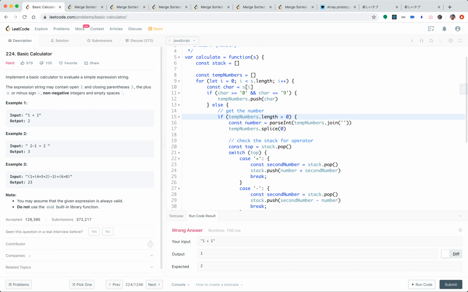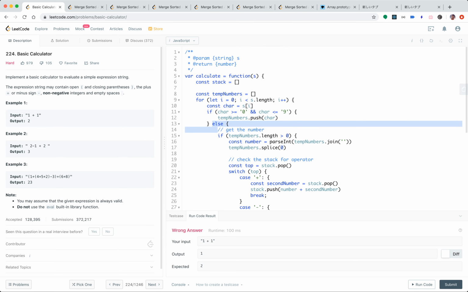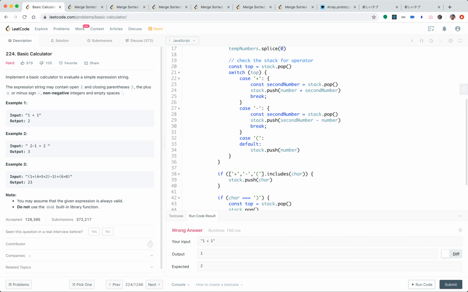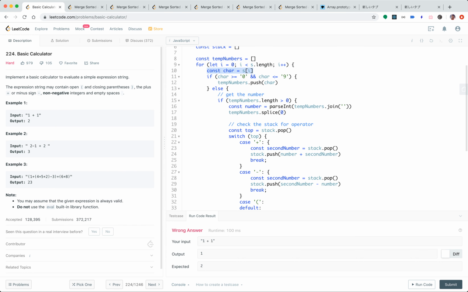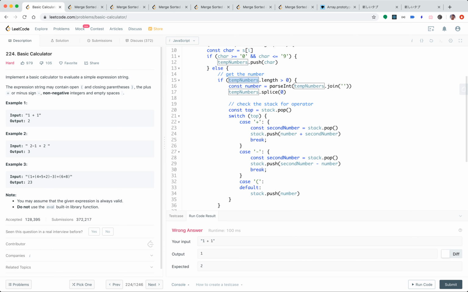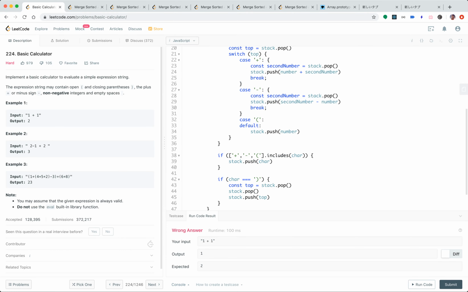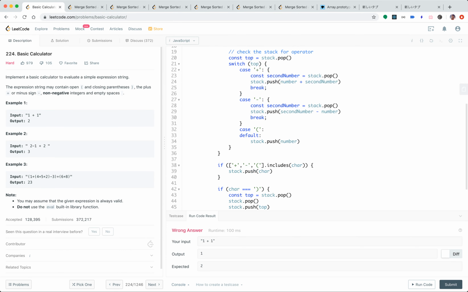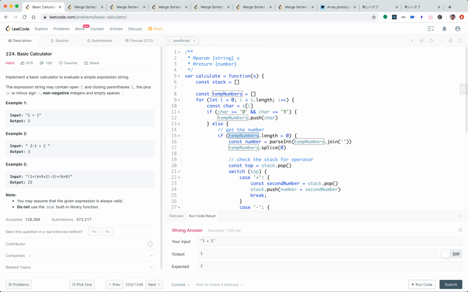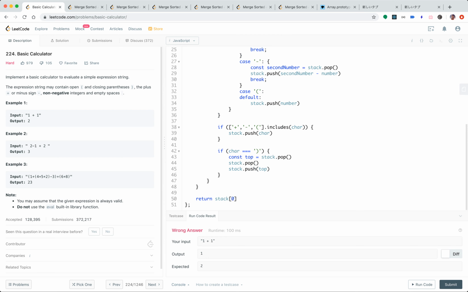Okay, 1 plus 1, because we find it's 1, we push it, and then we get it again. It's space, so we found the space because we found a number, we pass it, we push the number. Oh, we didn't push it. We push it. And then we go again, we found the space.